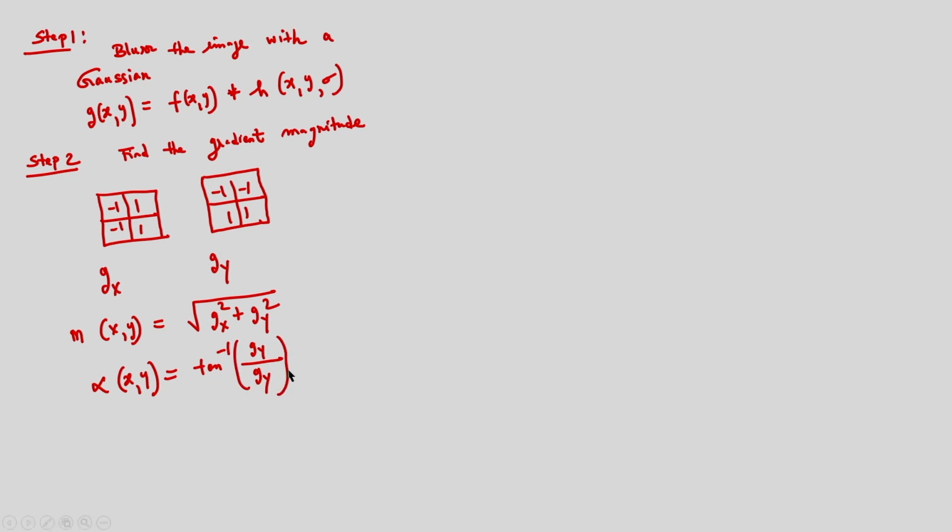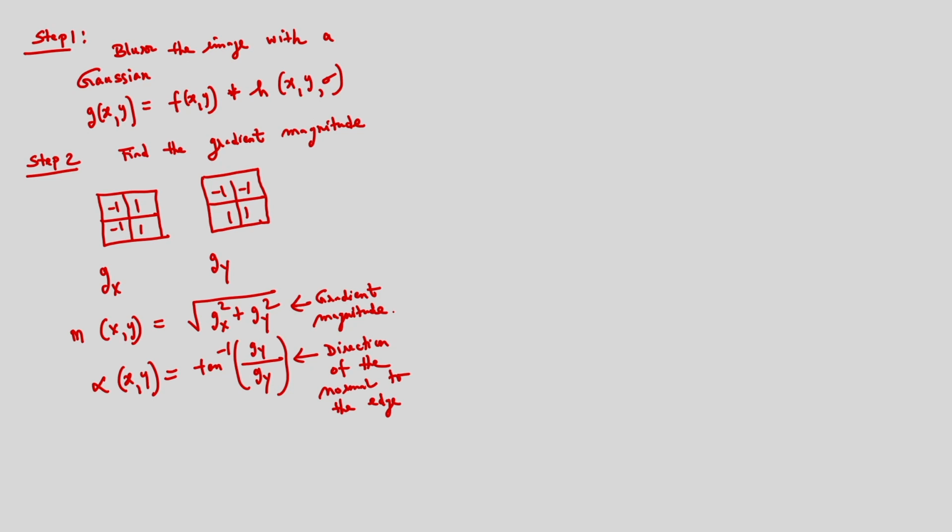So one is the gradient magnitude, and alpha xy is nothing but the direction of the normal to the edge, that I can determine. So this is step number 2.